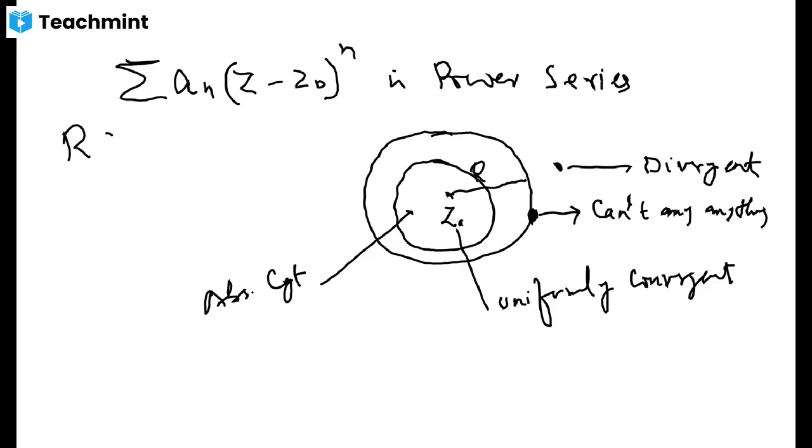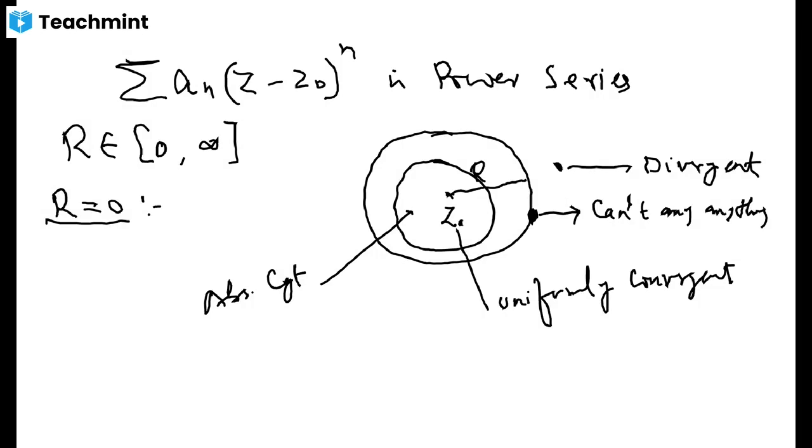and the radius of convergence can be a number between 0 and infinity. And note that when the radius of convergence is 0, you cannot have a disk. You cannot have this disk of convergence.